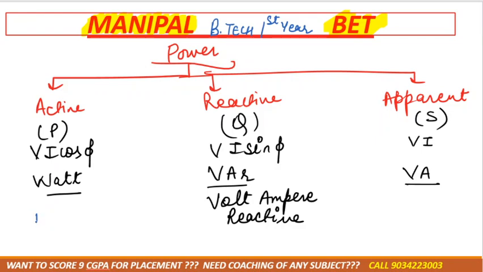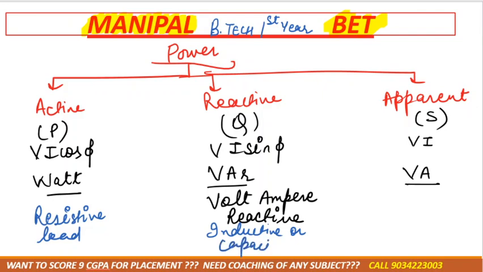Now active power is used where we have resistive load. Okay, and reactive power is used where we have inductive or capacitive load. Okay, and apparent power is where we have the combination of RL, RC and RLC.